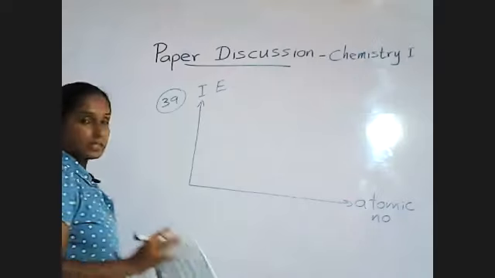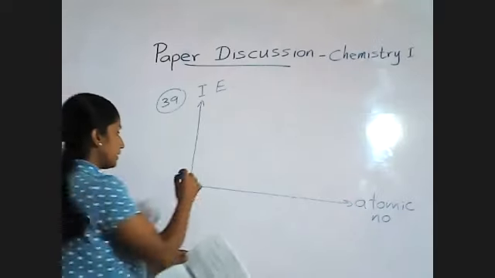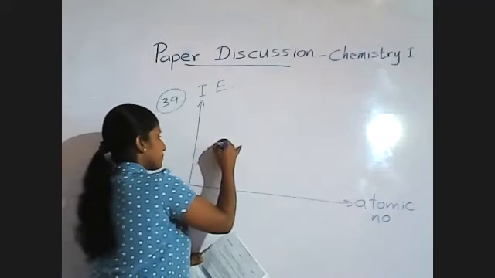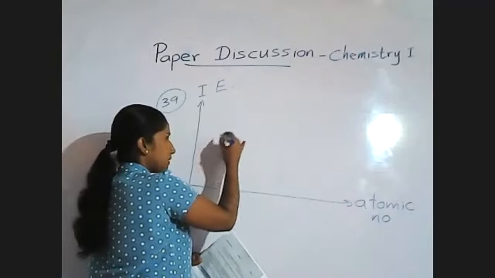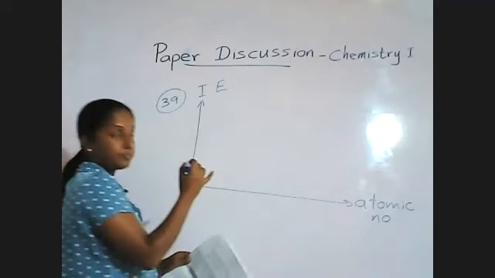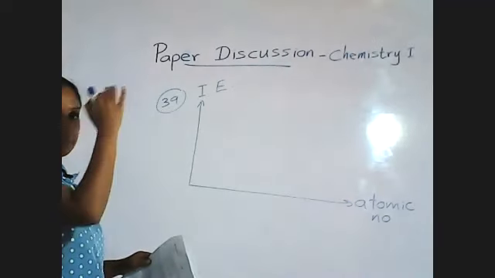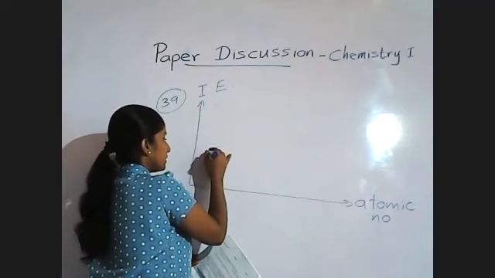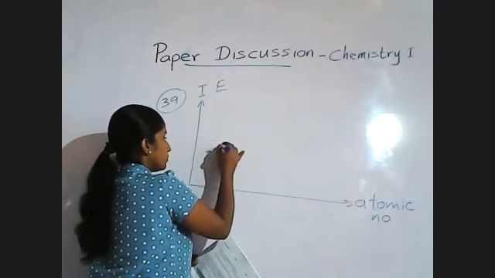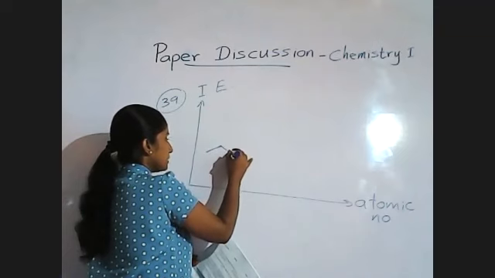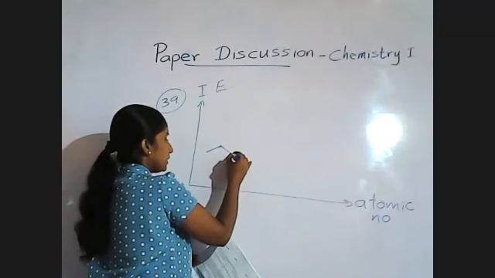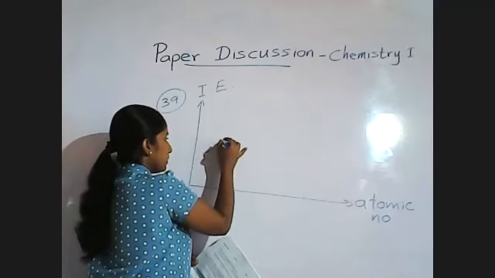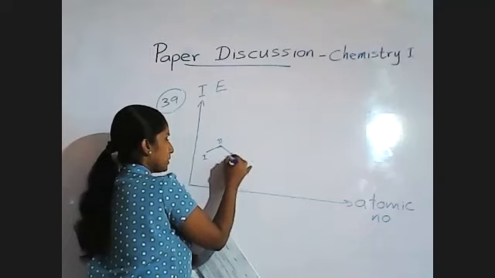I'm only drawing a rough sketch. There's a gap between the second and third, and the fifth and sixth. First one, second one. This is the first group, second group, and there's a small gap here. This is the third group.